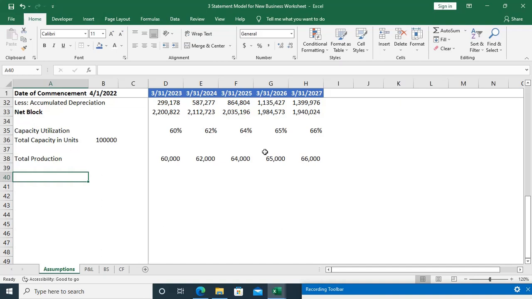Means what I'm trying to say is that this is our total capacity to produce 1 lakh units. So in the first year we could produce only 60%. So we actually produced 60,000 units, but out of that 60,000 units, how many we were actually able to sell is 75%. That is 45,000 units. So we are just putting the same thing here.